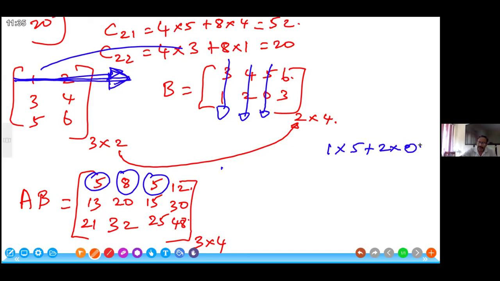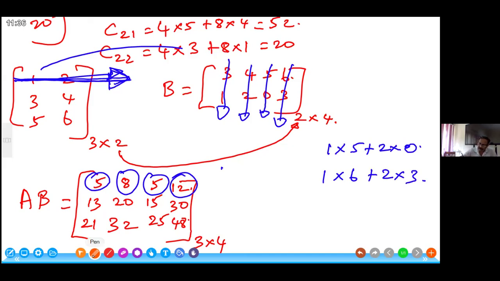Then the last one, first row and last column: 1 into 6 plus 2 into 3, so that is 12.